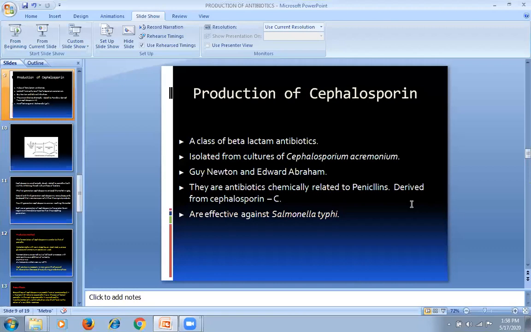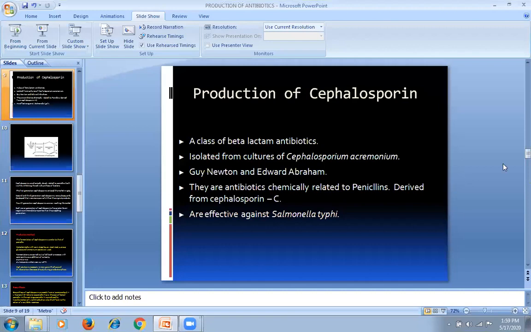Now, fourth and fifth generations are also reaching the market. They have greater gram-negative antimicrobial properties than the older ones, which are more powerful against gram-positive organisms.